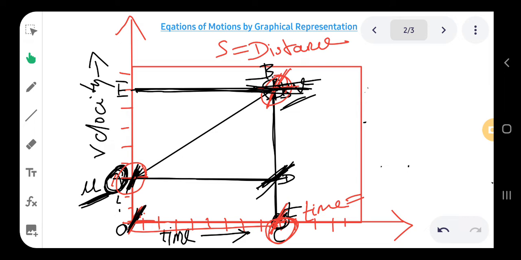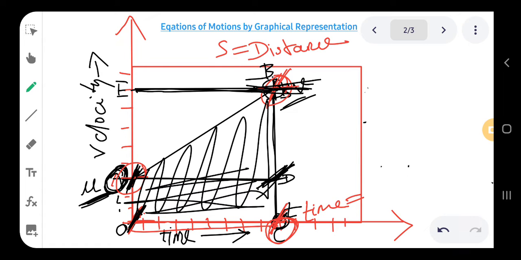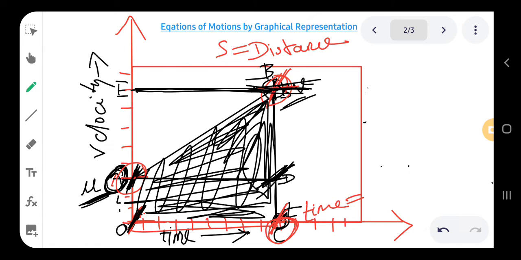This area, let me hatch it. If we find out this area, then we'll find out the distance covered by the car.